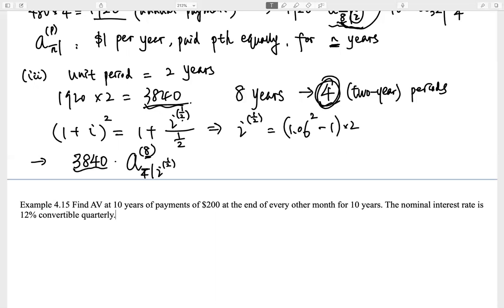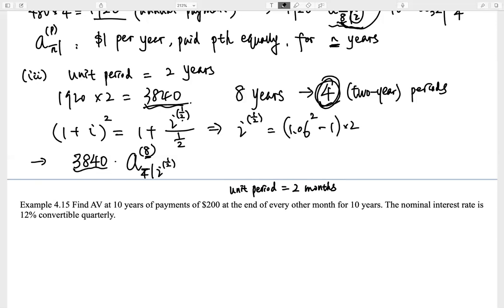Meaning it's I R per 4. Again, this is similar to what we did. The frequency of payment is not the same as the frequency we have for the nominal interest rate. Here, it's at the end of every other month. So the unit period equals 2 months.